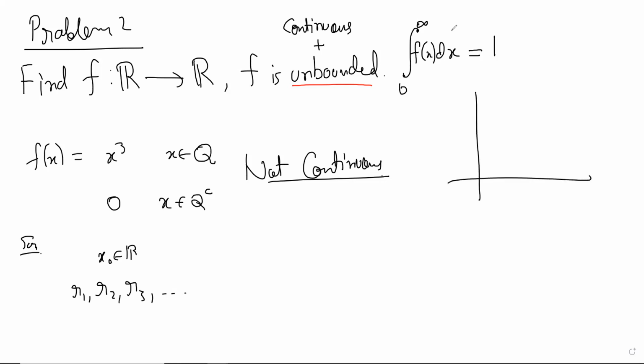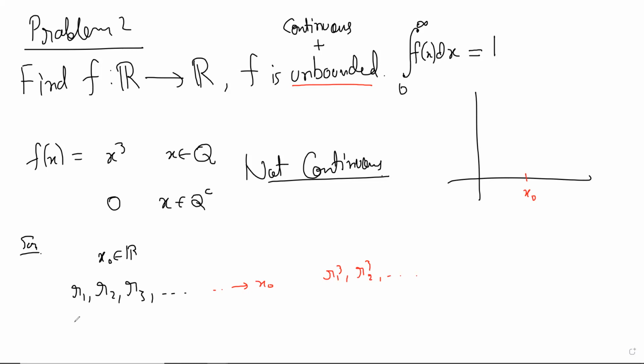Let's take a point x naught. Then you take a sequence of rationals tending to x naught, and the function values will tend to this. This will be the function values.